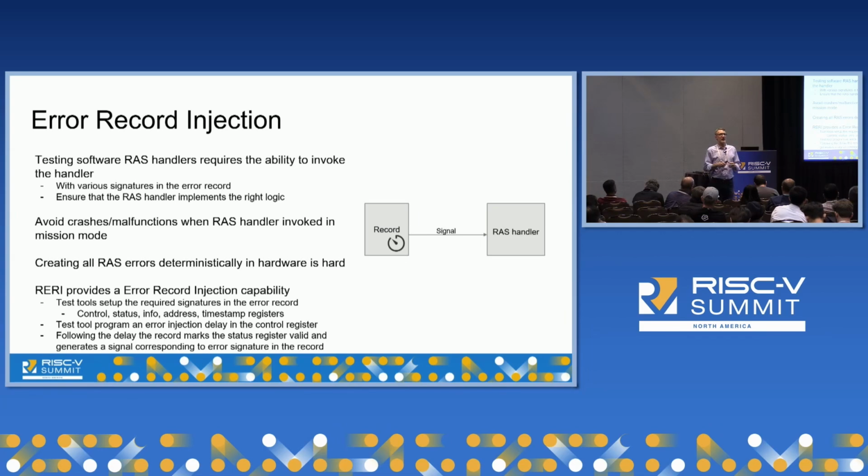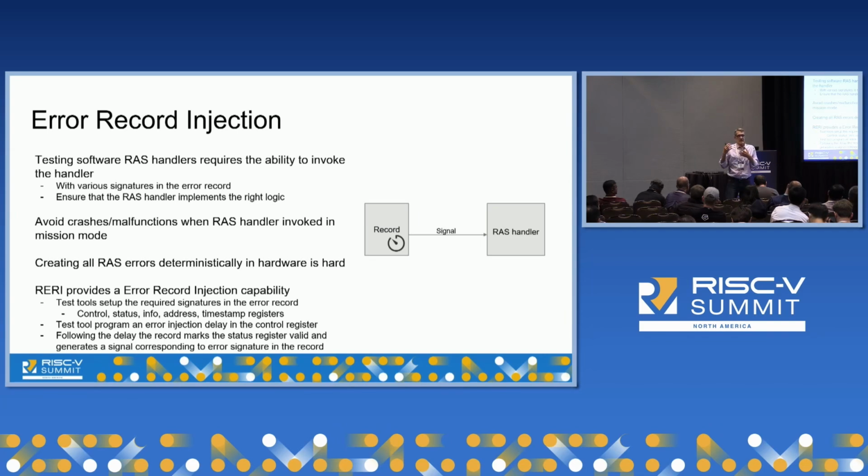aren't counted since they get dealt with right then and there, meaning either they can be deferred through poisoning or they're serious critical errors that need to be signaled and dealt with right then and there. The idea with correctable errors is that they'll get logged, but since we're able to correct the error, system operation continues on. There's no immediate need to inform system software.